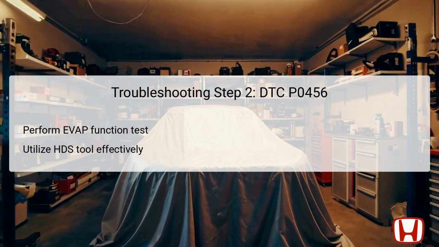It's crucial to follow the specific instructions for the EVAP test, which may involve running the vehicle in certain conditions to ensure accurate results. Make sure to check all parameters, including fuel tank pressure readings, and look for any discrepancies. The function test will help to validate whether the issue lies with the EVAP system components themselves, or if the fault is related to the FTP sensor or control module.